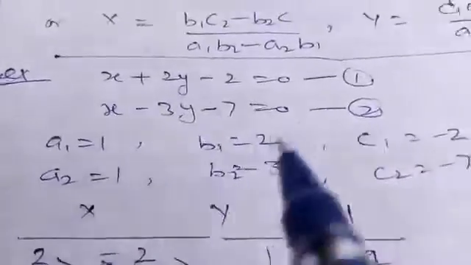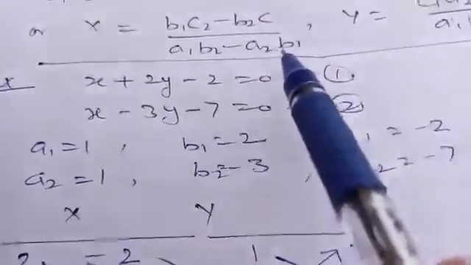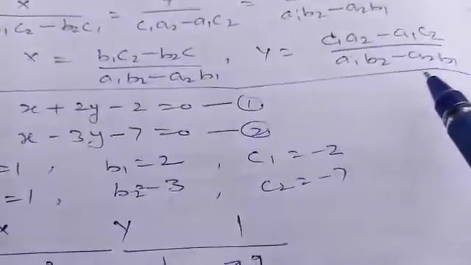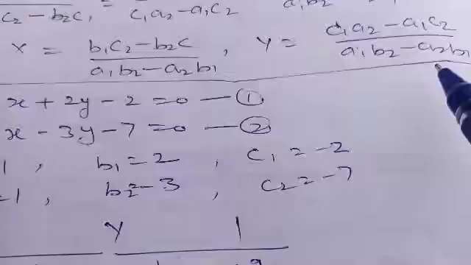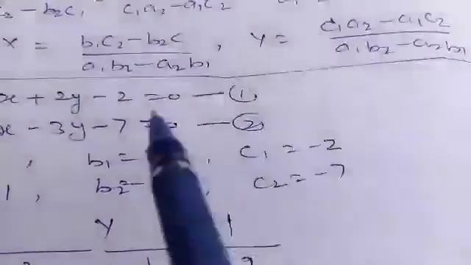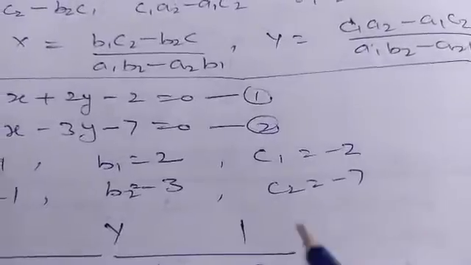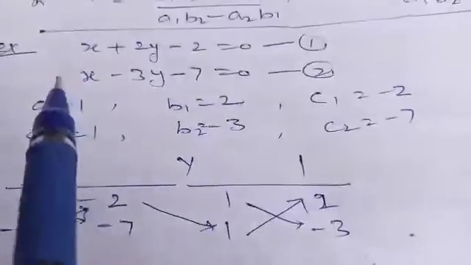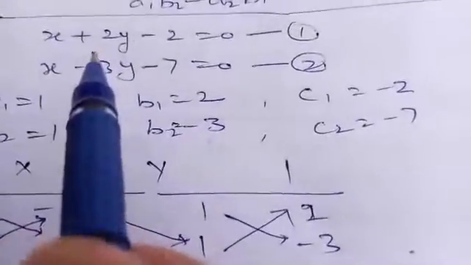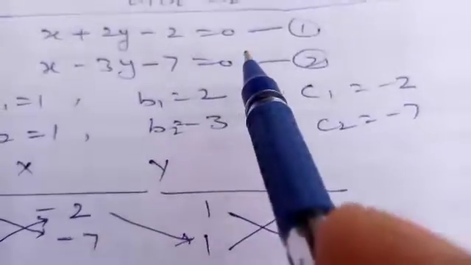In this way, you can apply this formula to find the values of x and y by the cross multiplication method. Now take one example, two linear equations. First equation: x plus 2y minus 2 equal to 0.